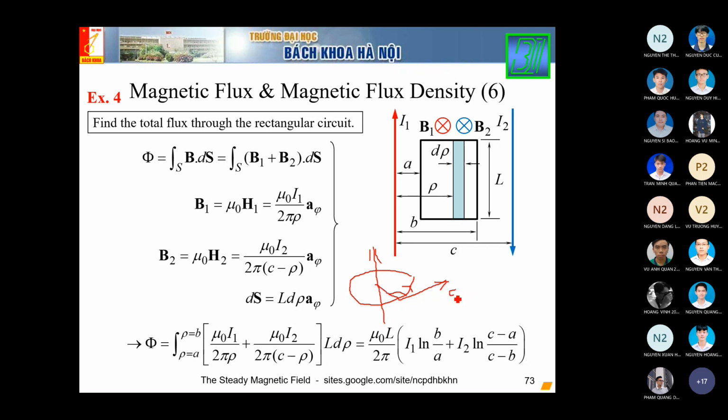This one is a phi. There we are. So in this case, we are here. We are on this surface. So the direction of ds is perpendicular to the surface, and this one is the ds. And being perpendicular to the surface of the frame here is a phi.